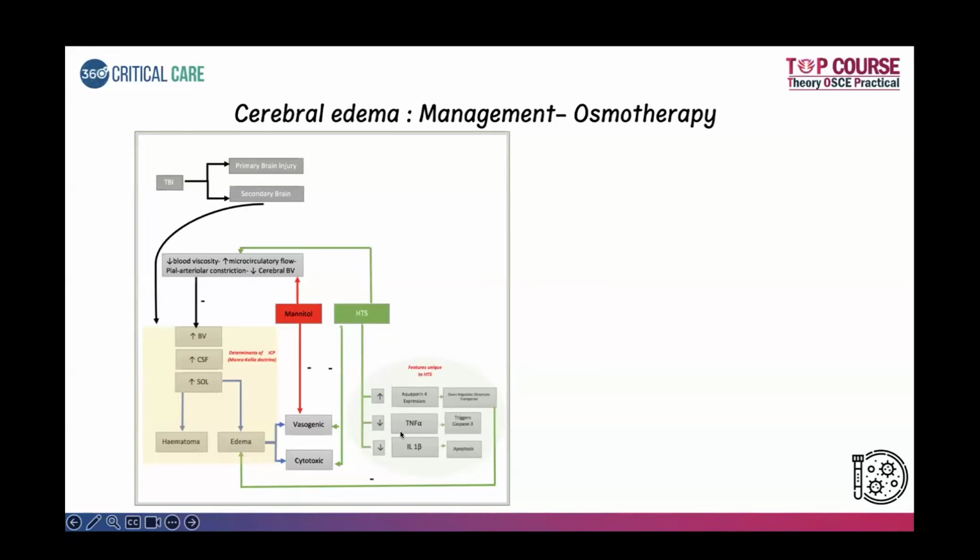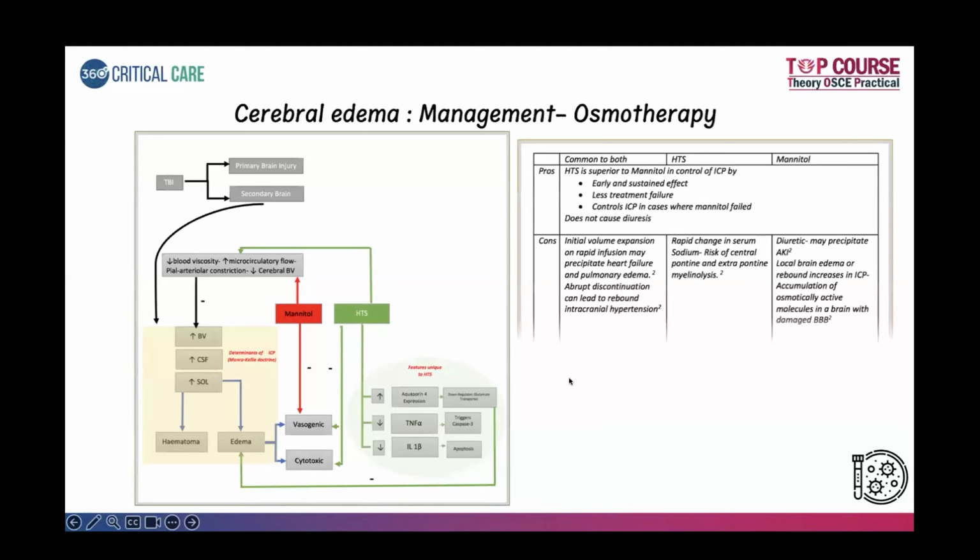Second, it reduces the TNF alpha, which triggers caspase 3, the apoptosis mediator. So the rate of apoptosis also decreases. It also decreases interleukin 1 beta, which again reduces the apoptosis. So it has more of an anti-inflammatory mechanism also, along with the reduction in vasogenic and cytotoxic edema.